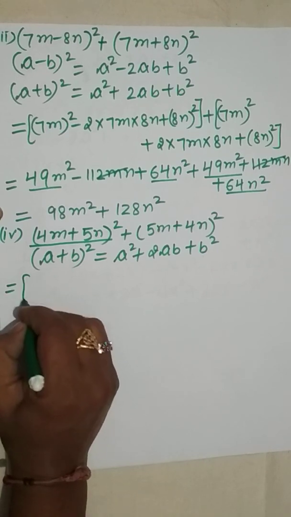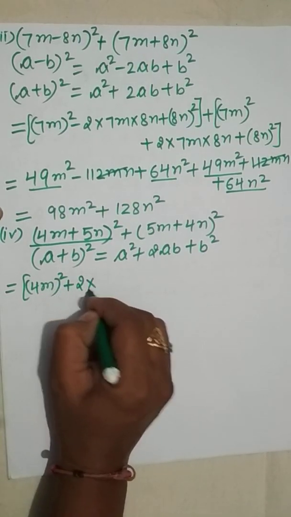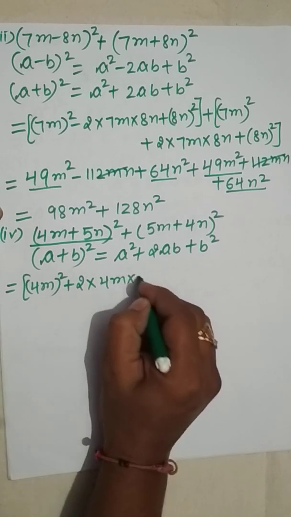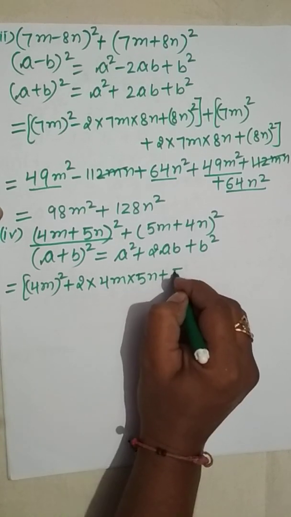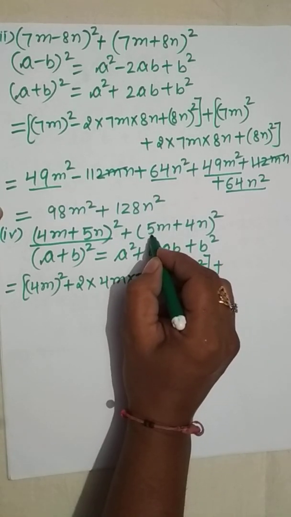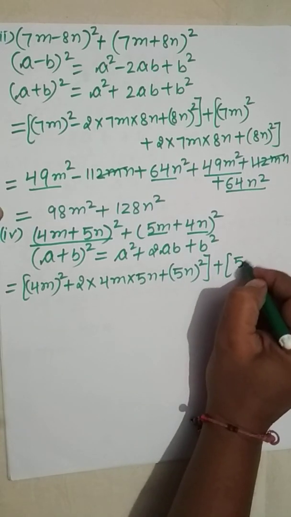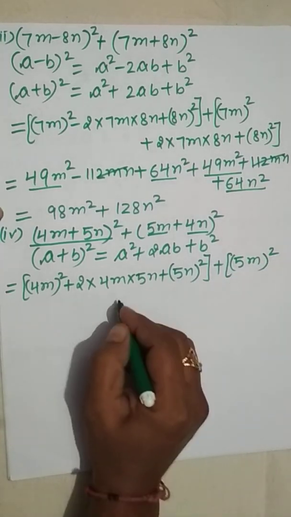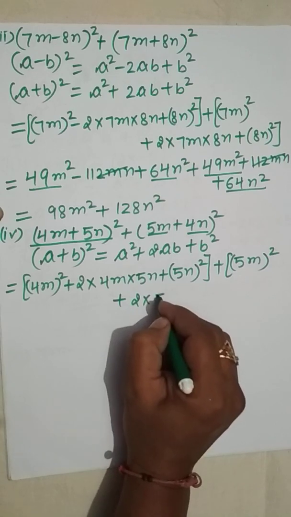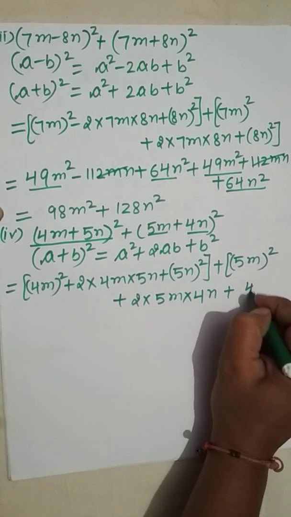So it is equal to a², that is (4m)² + 2 multiply 4m multiply 5n + (5n)². And for the second bracket the value of a is 5m and b is 4n. So this is (5m)² + 2 multiplied by 5m multiplied by 4n + (4n)².